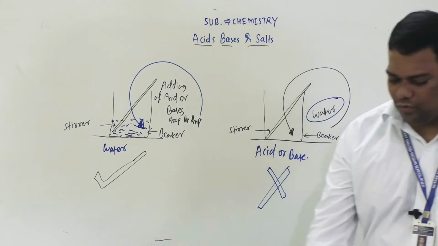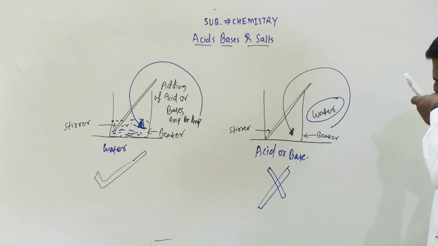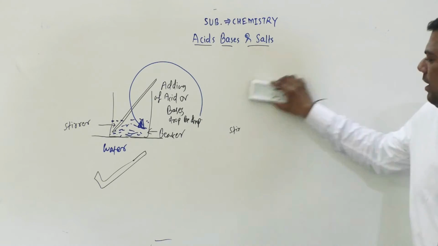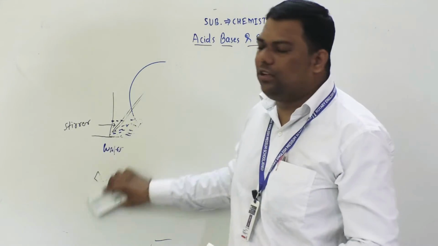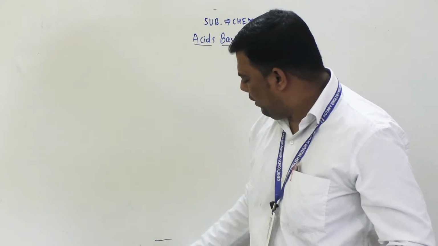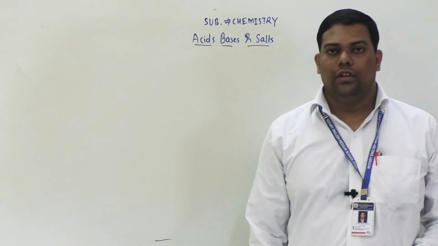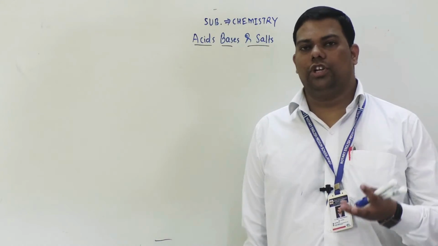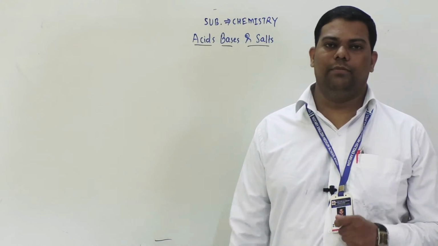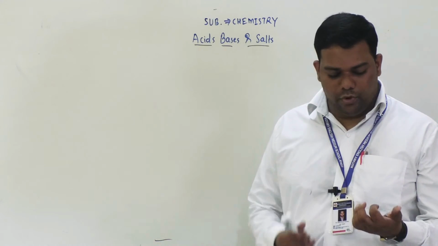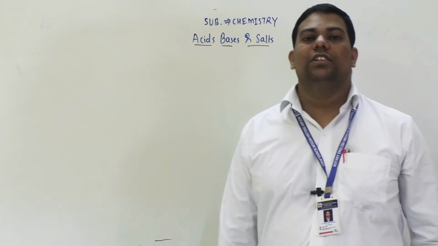Okay, now we will discuss the next part. In indicators, I already told you I prepared a practical video for methyl orange, phenolphthalein, blue litmus strip and red litmus strip. Now we will move towards our next part, that is the strength of acids and bases.